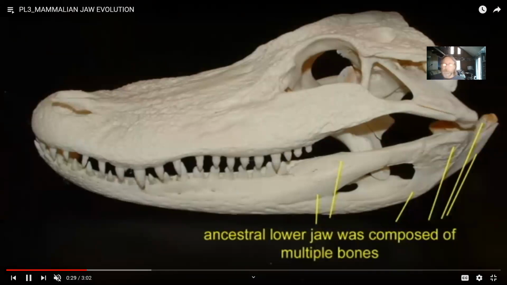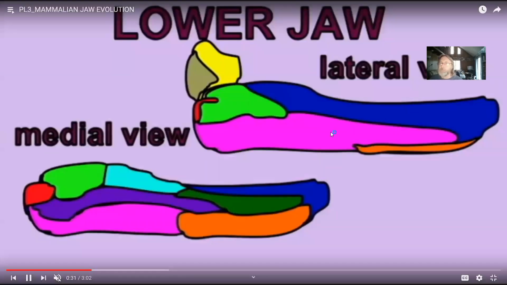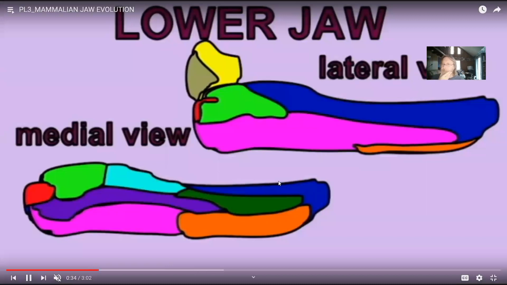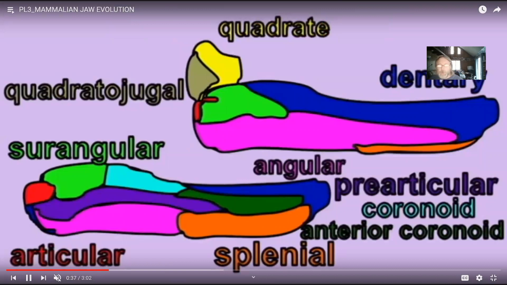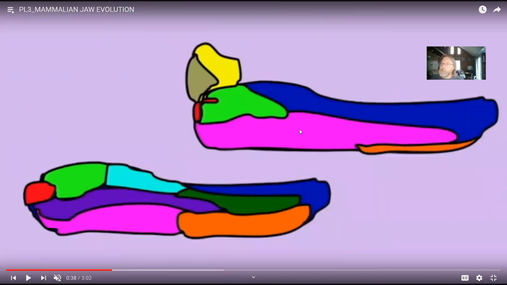So here you can see in blue, the dentary bone, which makes up our lower jaw, the mandible. But in the ancestral condition, notice that there are all of these other little bones here. Now, I'd like you to watch this pink one, the angular. Something exciting is going to happen there.